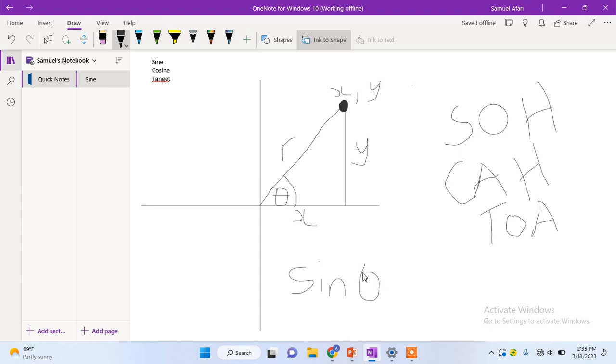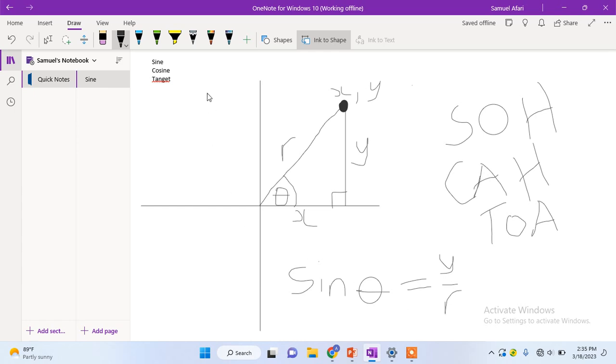Sine theta is opposite over hypotenuse. Since this is the angle, the opposite is going to be y, because this angle is 90 degrees. So y over what? Hypotenuse, the longest side. So y over r is going to be our sine theta.